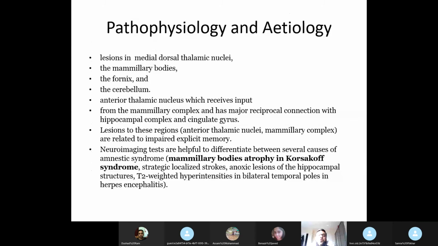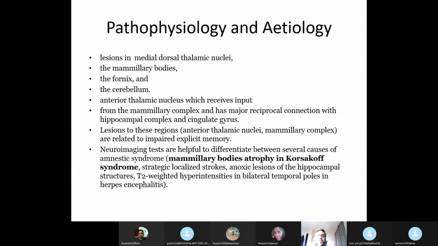We have never done it, by the way. So lesions in medial dorsal thalamic nuclei, mammillary bodies, fornix, cerebellum, and anterior thalamic nucleus. So mammillary body atrophy you see typically in Korsakoff syndrome.